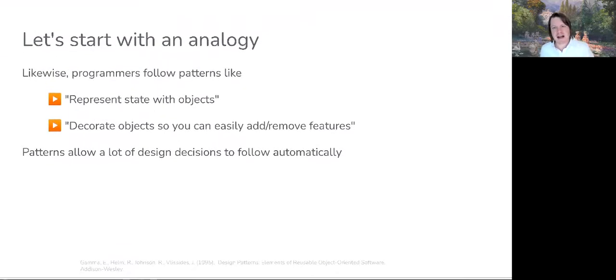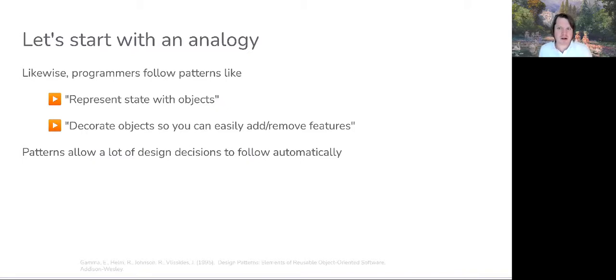So let's now take a step back and try to relate this to programming. Programmers follow patterns too. Within our applications, if we want to represent state, we're probably going to use an object to contain that state. In addition to this, there are some patterns, or means, that we can use to create objects so that it's more readily possible to add and remove features to them.